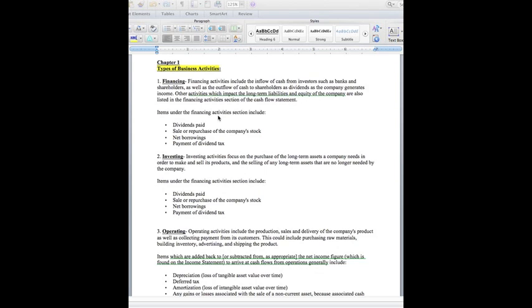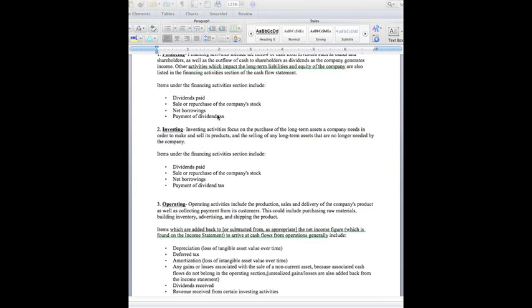Moving down to investing. Investing and financing can be confused pretty easily, but the main difference is that investing looks at when a company takes on a project. For example, when a company invests in plant, property, or equipment, they are typically doing an investing business activity.